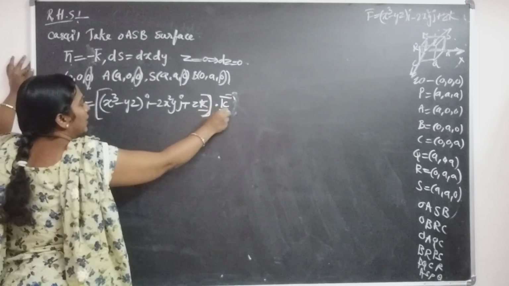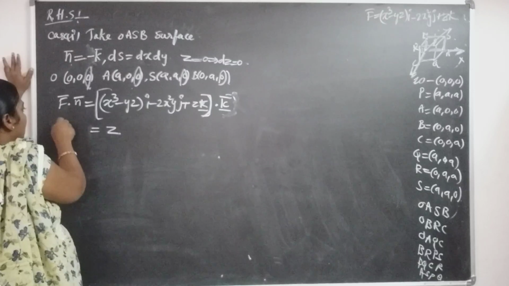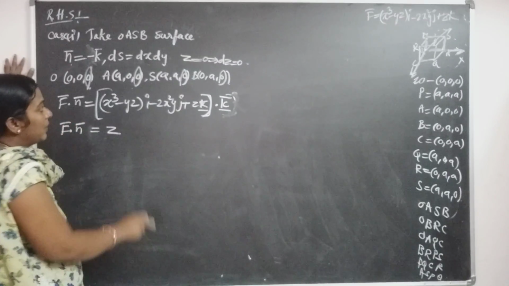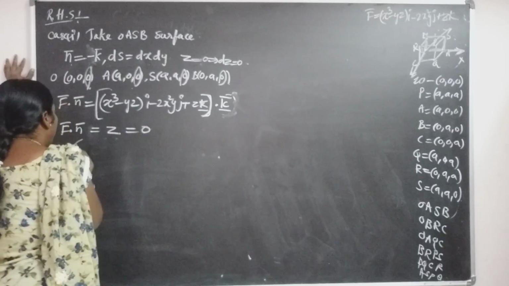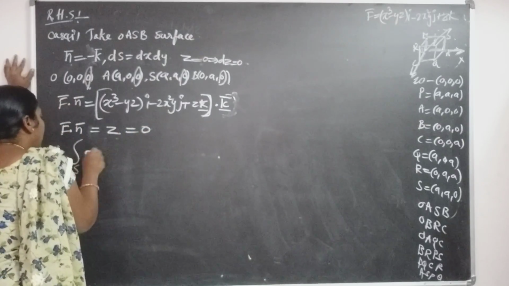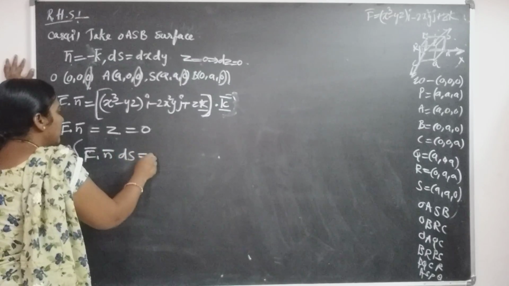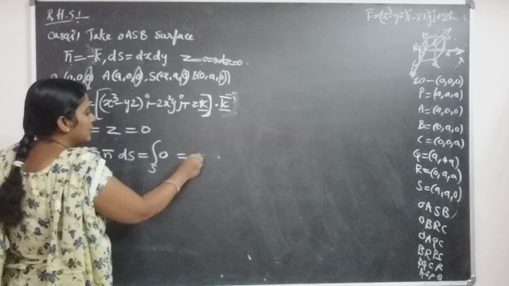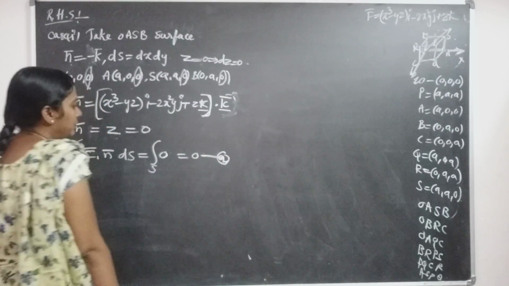Then k vector dot k vector equal to 1. Then this is equal to 0. F vector dot n vector equals z. But the z value is 0, so it is 0. Therefore, the surface integral of f dot n vector ds is equal to 0. Surface integral of 0 is 0. Let it be equation A.